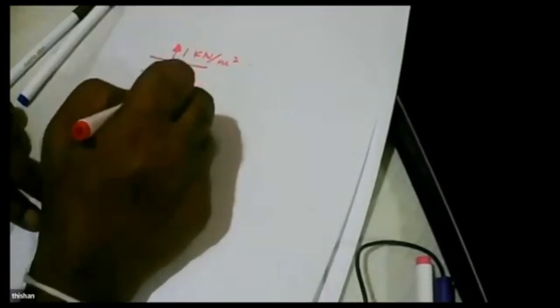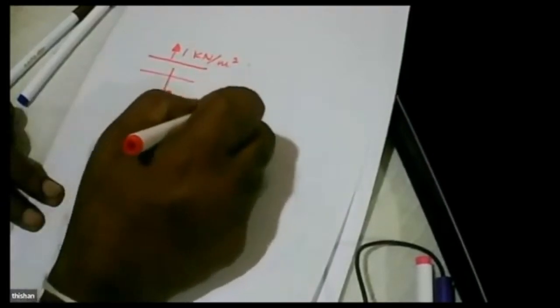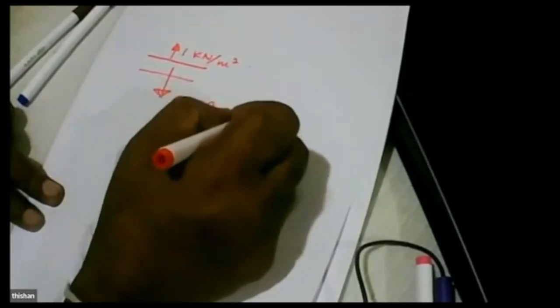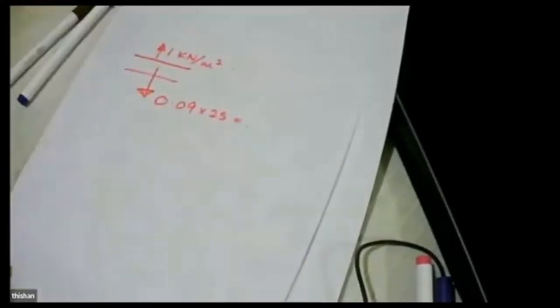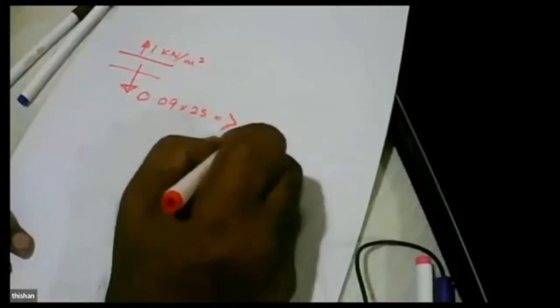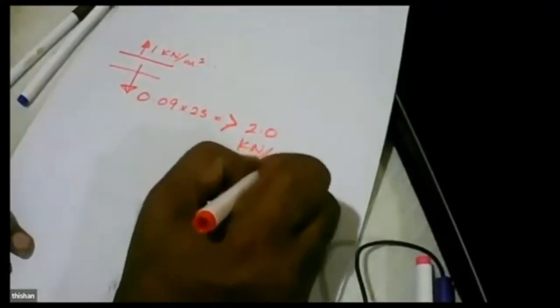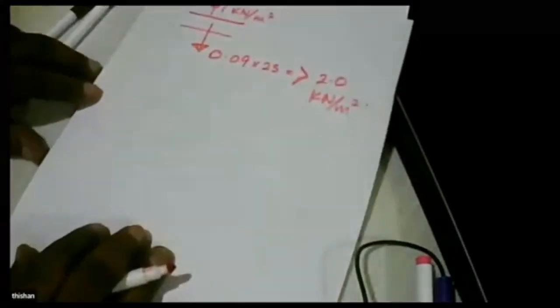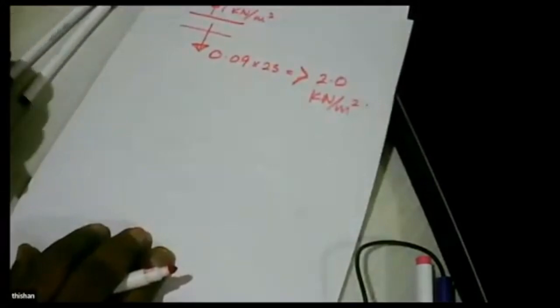But if you look at the weight of this slab, that is 0.09 into 25, and that will be over 2 kilonewtons per meter square. So you can see there's no way that the slab can be uplifted by a cyclone.